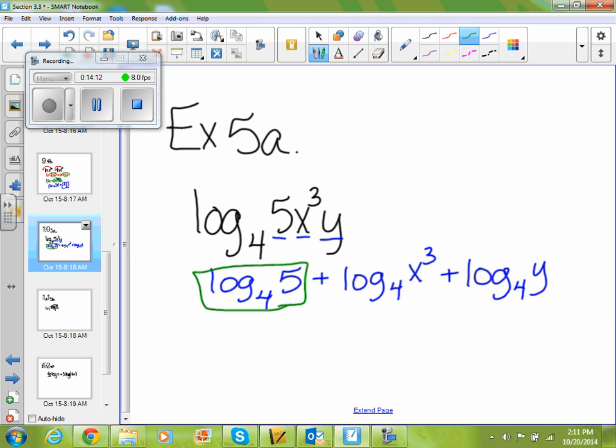Yep, A, log base. Okay, so if you type that in, then it should ask you to fill in the rest of the numbers. So 4 and 5, and hit enter, and what does it give us? 1.161 plus log base 4 of x cubed plus log base 4 of y.